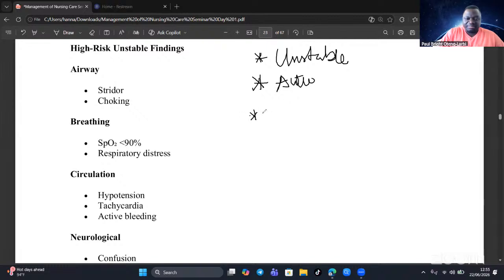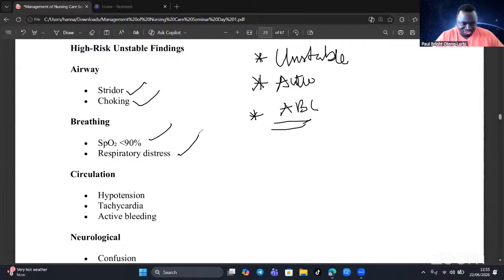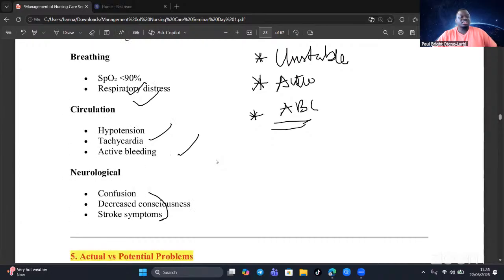At the same time, the problem he is having falls under the ABCD bundle. Example, stridor, choking, saturation is dropping, respiration, circulation issues. Okay.